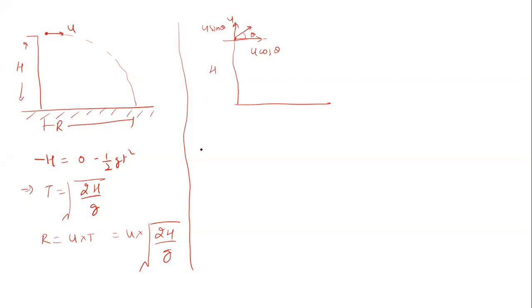Then the time of flight would use the same formula: minus h equal to u sin theta into t minus half g t square. If you can find the value of t, we'll get the time of flight. Then range will be equal to u cos theta into time of flight. Concept remains the same.